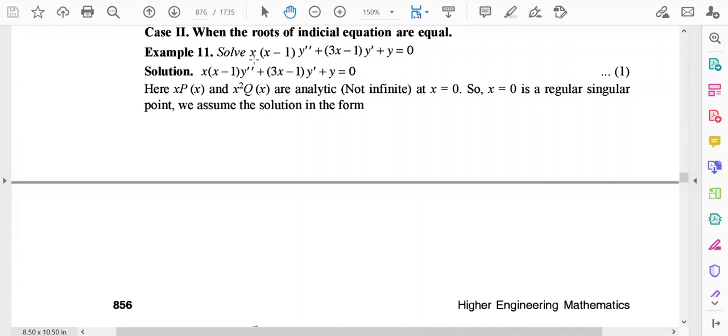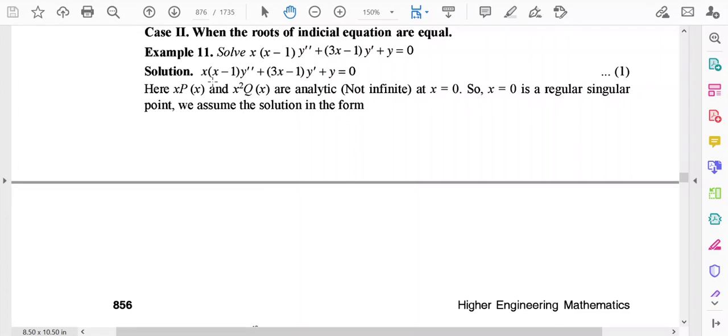So this is a particular differential equation, and we are going to solve this. At first, we have to express such an equation in the standard format, so that we can determine the type of the point x equal to 0.